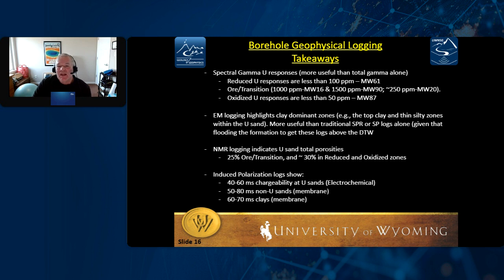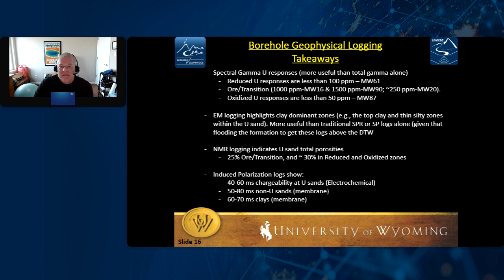I'm going to give you takeaways as we go, because otherwise, if we waited to the end with a bunch of conclusions, it would be overwhelming, like drinking from a fire hose. Basically our spectral gamma responses, which I also imply are more useful than total gamma by themselves, show that we're less than 100 ppm in the reduced zone.